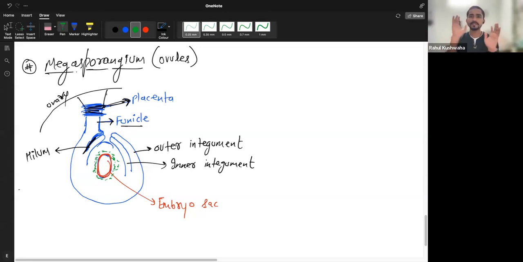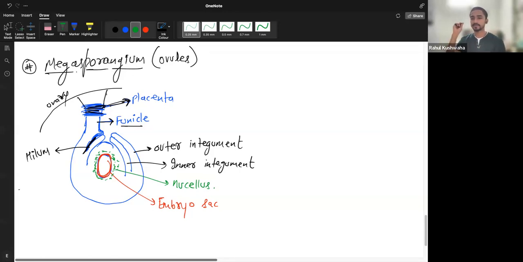See, around anything which is important, which needs to develop, the cells which surround it will do two things: either protection or nutrition, right? So this region is called the cells of nucellus.